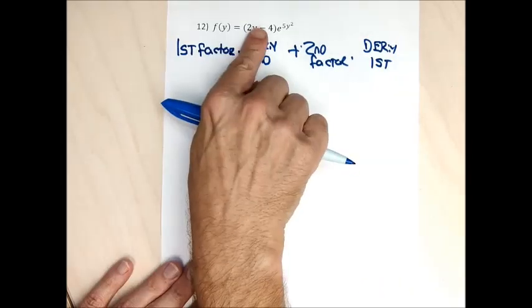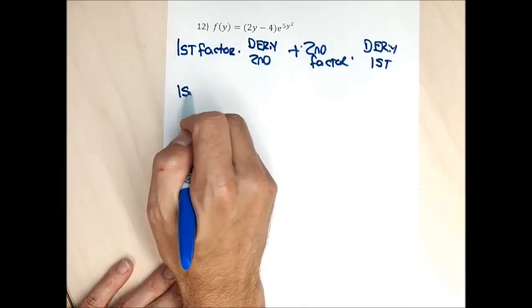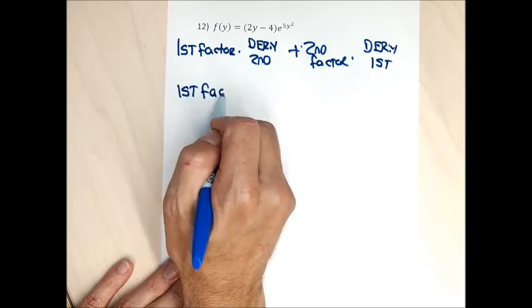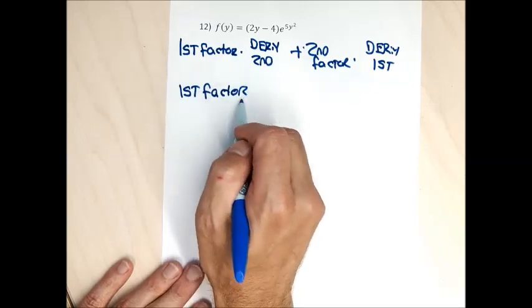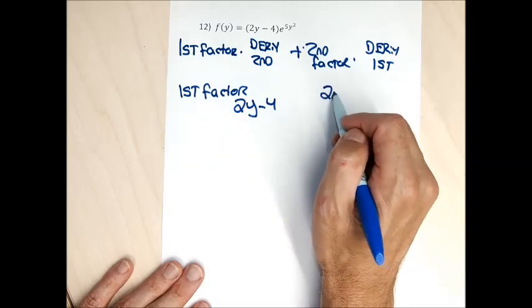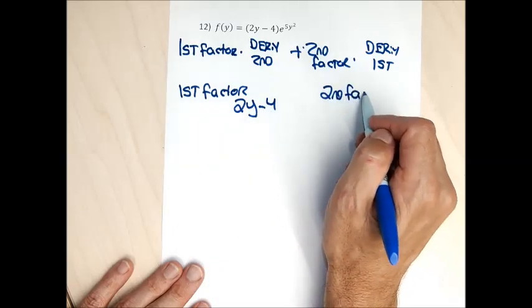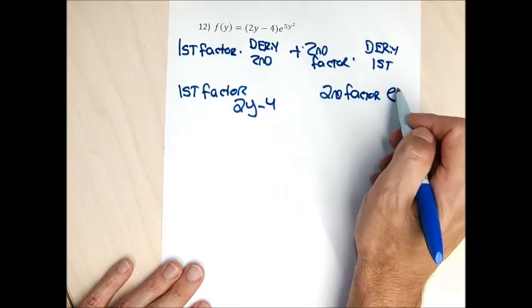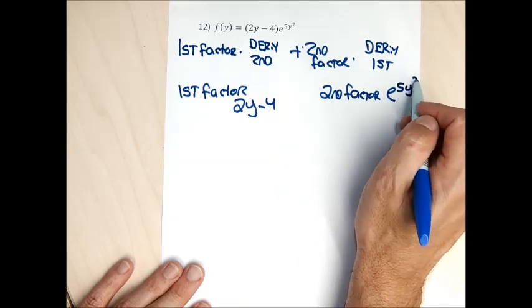So I'm going to write the first factor down, and I'll write the second factor down. I'll find their derivatives. The first factor is 2y minus 4. The second factor is e to the 5y squared.